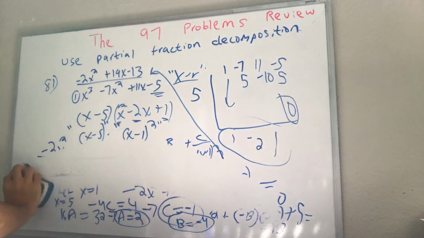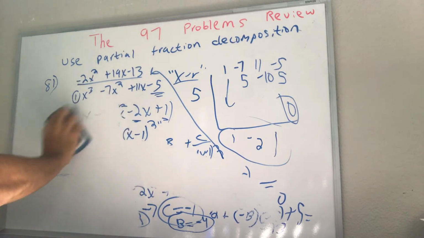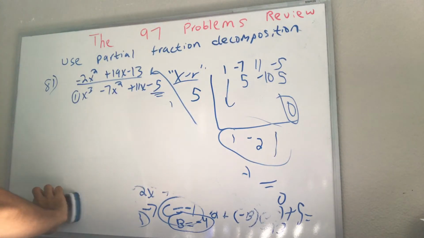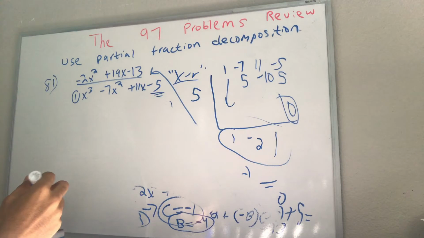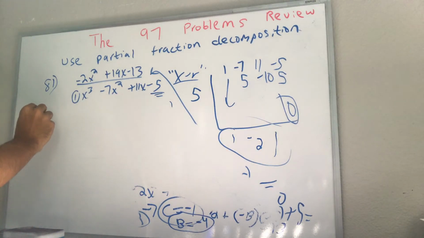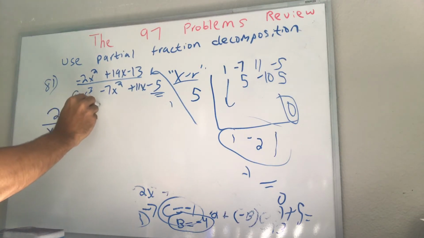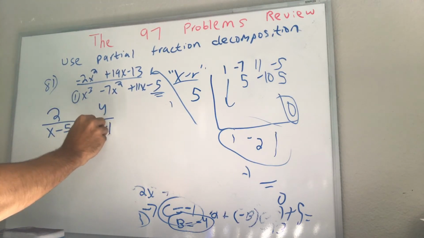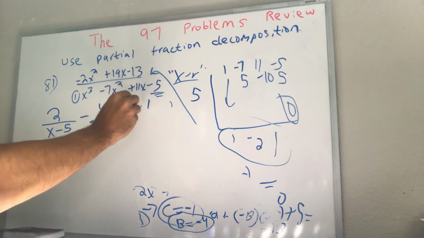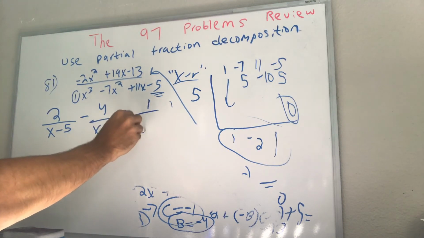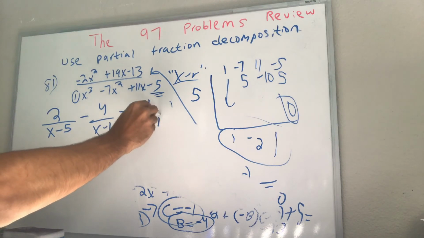So now I can erase all this mess over here, and your final answer using partial fraction decomposition would be 2 divided by x minus 5, minus 4 divided by x minus 1, minus 1 divided by x minus 1 squared.